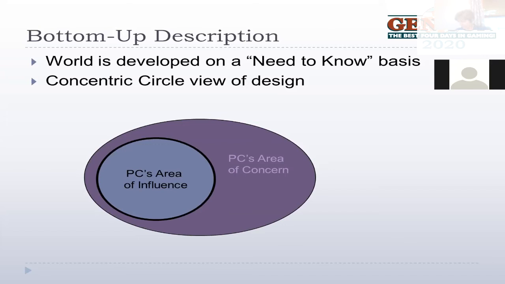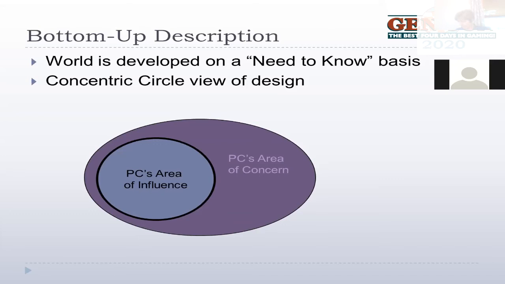So you have to lavish attention on that area of influence, and you have to think about what the PCs are interested in doing, what kinds of things they would be aware of, and how to describe that to them in a way that makes sense from their perspective. But then you also have to flesh out that area of concern, and it can be in a more logical and timeline standpoint.